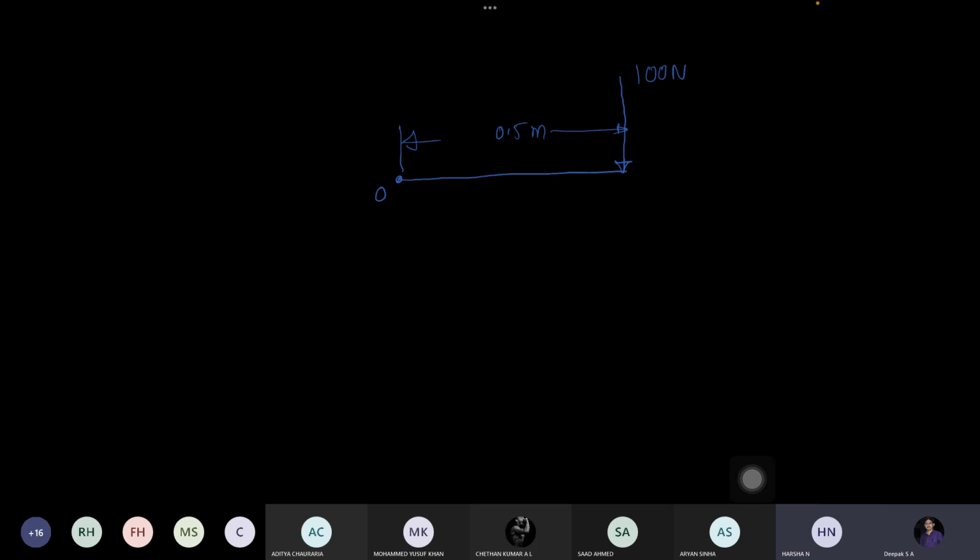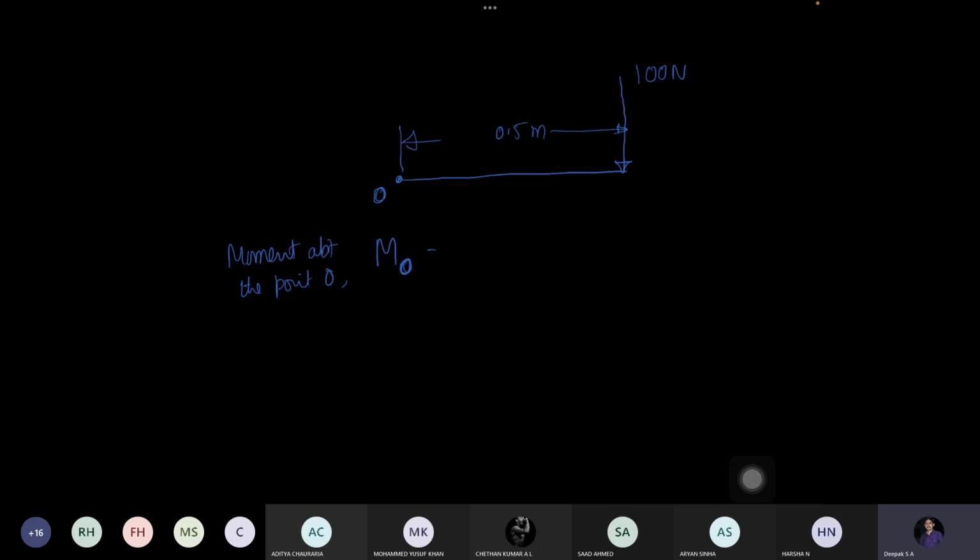What is the moment? See, always write like this. Moment means M, and with respect to the point O means you write the subscript as O. So moment about the point O is equal to, what is the formula?